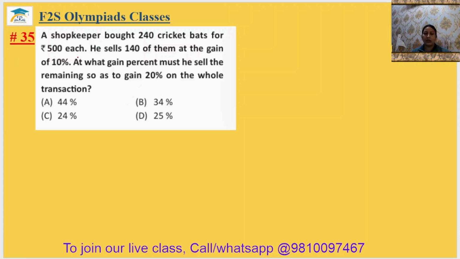Okay, so we know that the cost price of one bat is 500. So the cost price of 240 bats will be 240 multiplied by 500, that is 1,20,000.